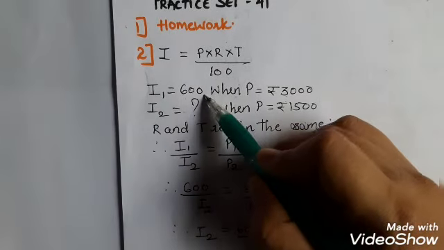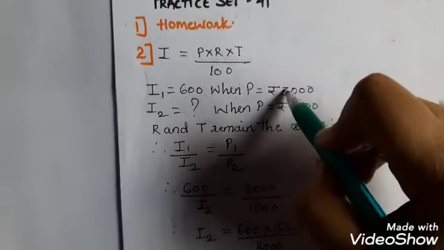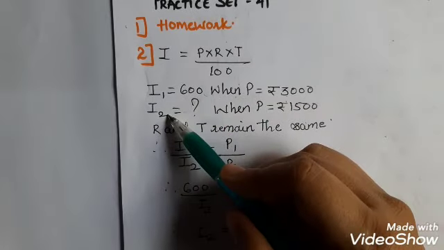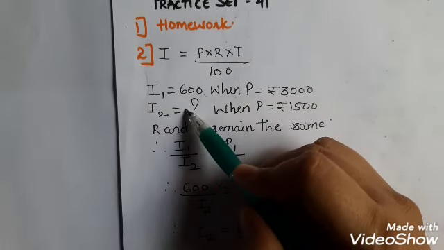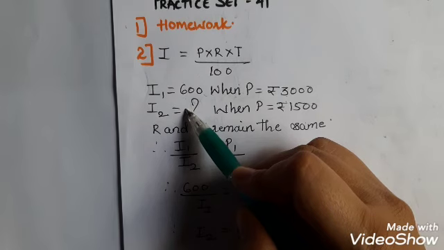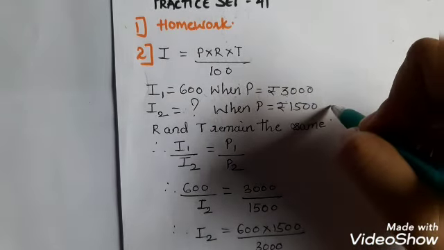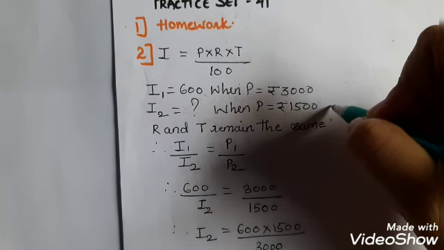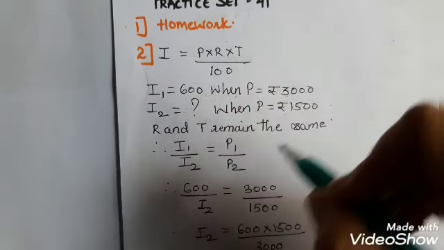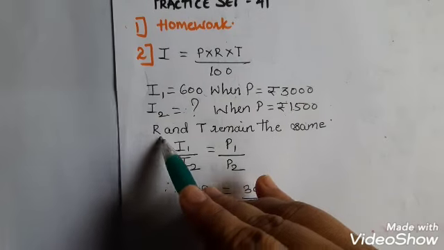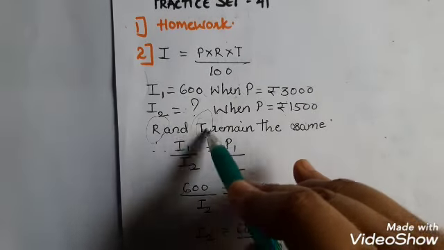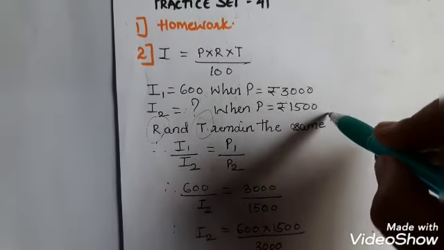So I1 is 600 when principal is 3000, and I have to find the second interest, that is I2, where the principal is rupees 1500. Now at a certain rate for a certain number of years. So R and T remain the same.